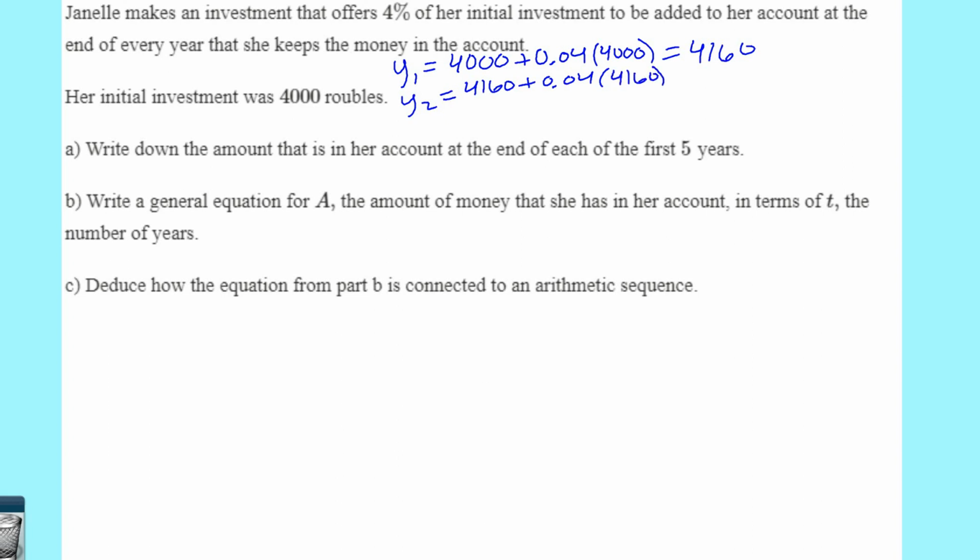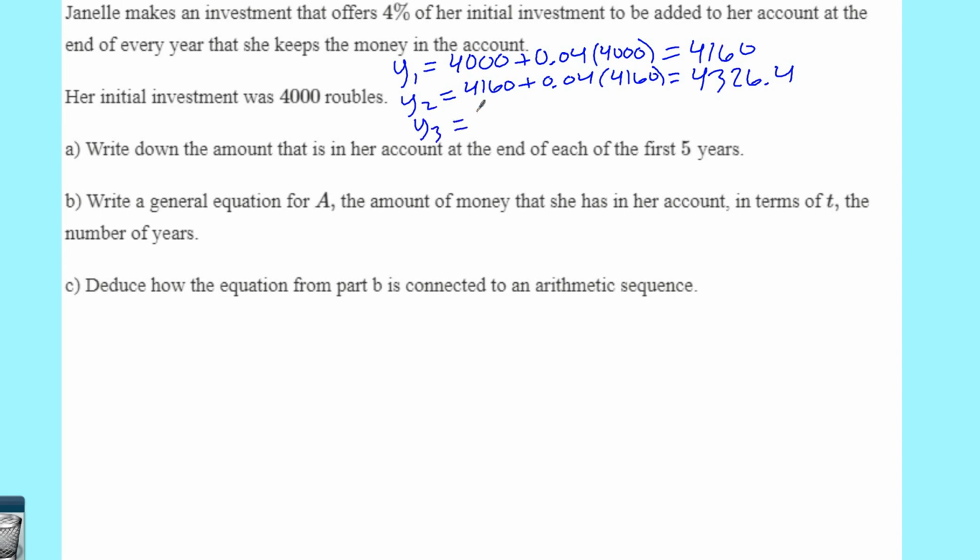Okay, now I could sit here and do 0.04 times that and then add 4,160 to it, or I can just multiply by 1.04. That gets us our initial 100% plus 4%. So 1.04 times 4,160 is going to be 4,326.4.